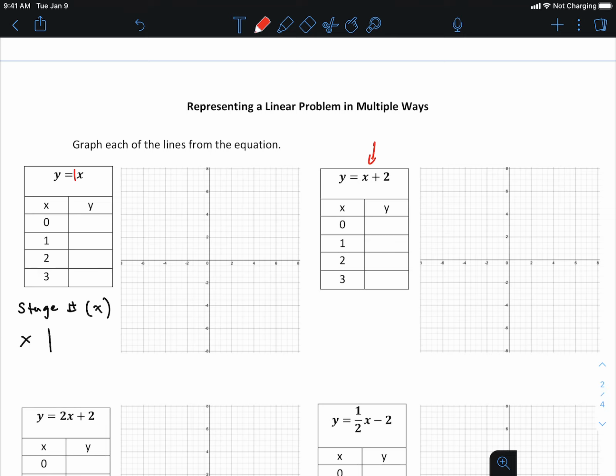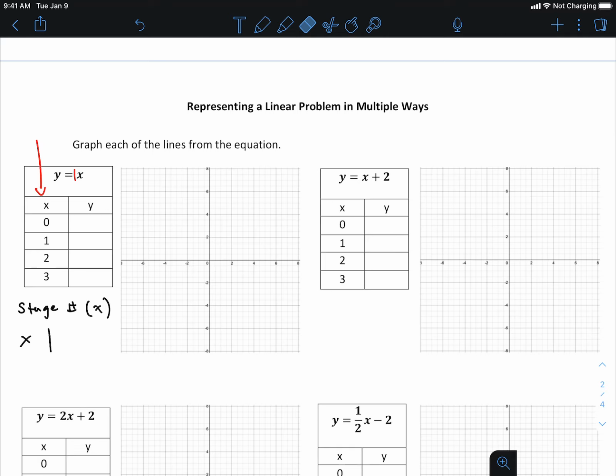Oh, you mean the first row? She means that y is going to be the same as the stage number. Oh, very good. You're foreshadowing. Yes. Why is that the case? Because we're multiplying by 1. I see, Georgia. I'm too ahead of myself.